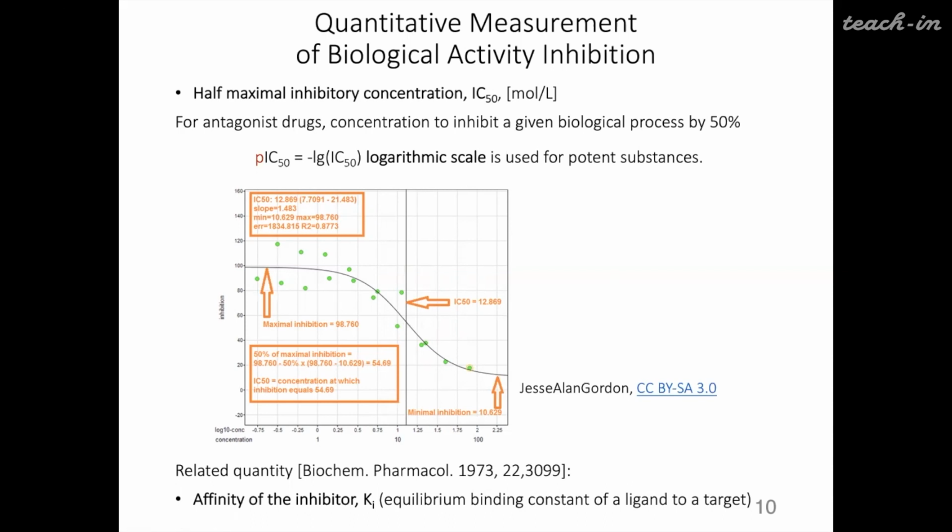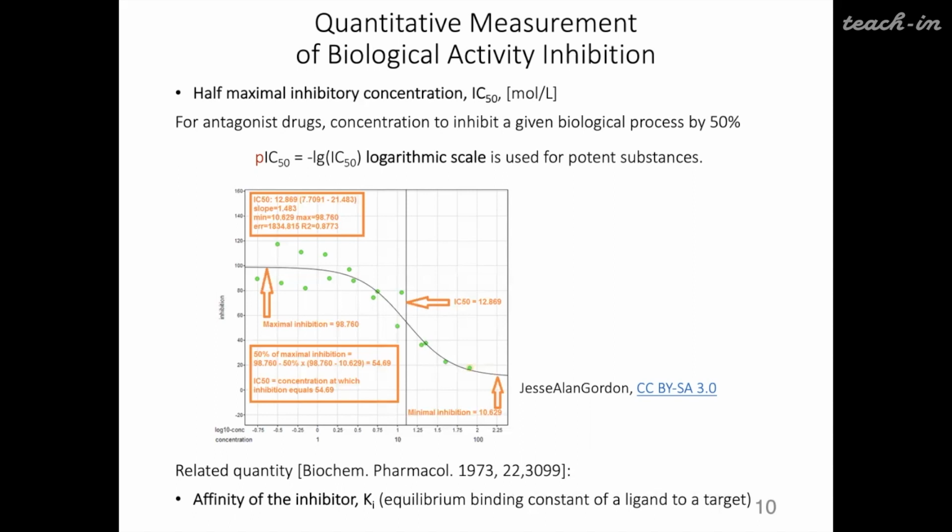And usually a logarithmic scale is used for a simple reason, because if we consider very active compounds, then concentrations may vary very highly.